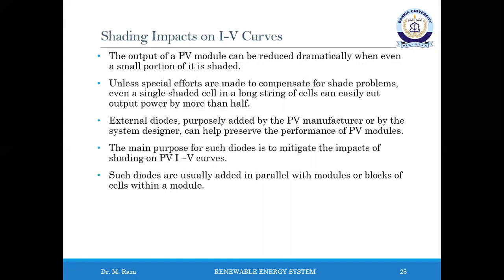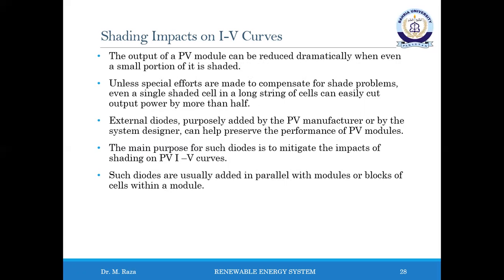The output of a PV module can be reduced dramatically when even a small portion of it is shaded. Unless special efforts are made to compensate for the shade problem, even a single shaded cell in a long string of cells can easily cut output power by more than half.